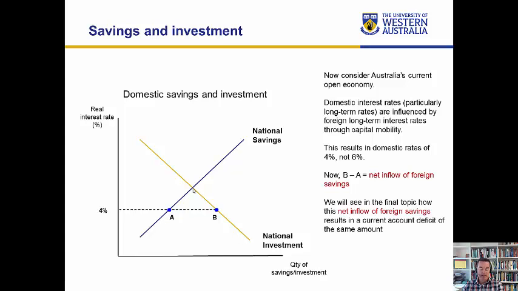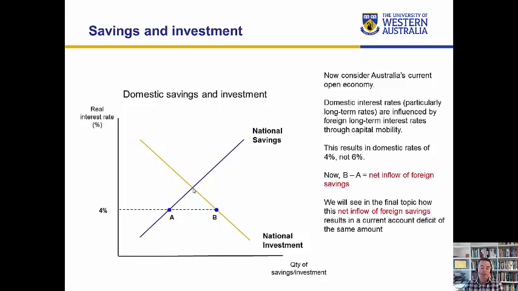So to explain what's happening in this diagram, we have an imbalance between savings and investment at the global interest rate of 4%. Just imagine that 4% is the 10-year bond interest rate.